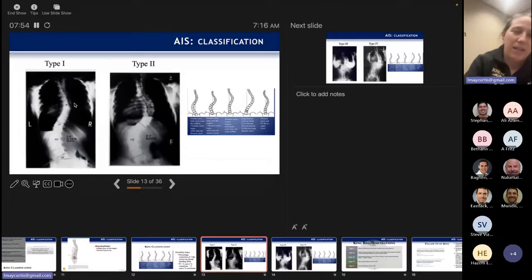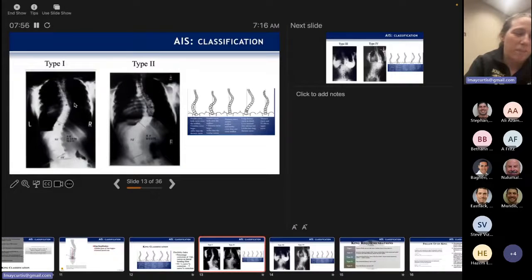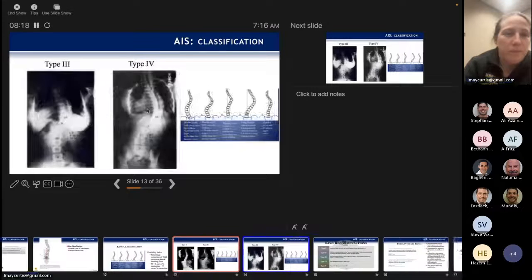So then you take all that and you can put your scoliotic curve into one of 5 categories. Type 1 would be a double curve, so both the lumbar and the thoracic curve cross midline, but the lumbar curve is stiffer. Type 2 is, again, a double or S-shaped curve, but the thoracic curve is stiffer.